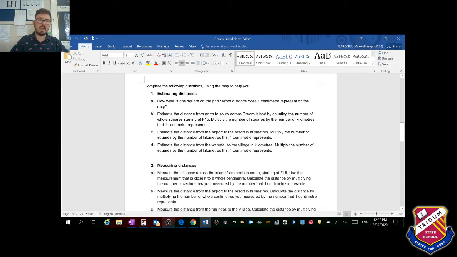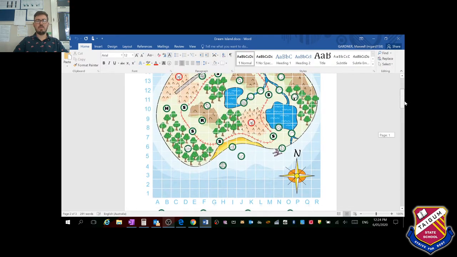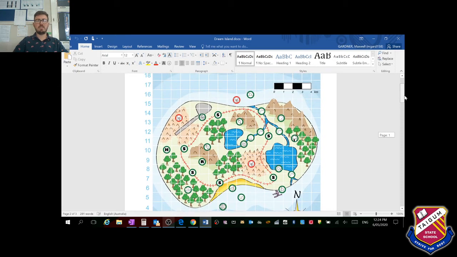We'll actually do A together here, and then I'm going to get you to work through the rest of them, and then I'll show you my answers. So 1A says, how wide is 1 square on a grid? So if you go up to the grid, see if you can find the scale and decide what 1 square is actually equal to.